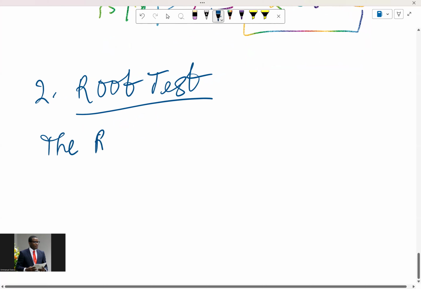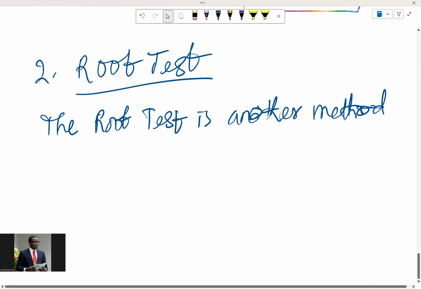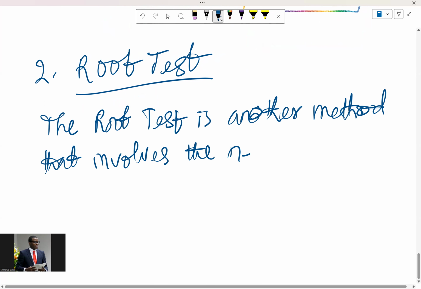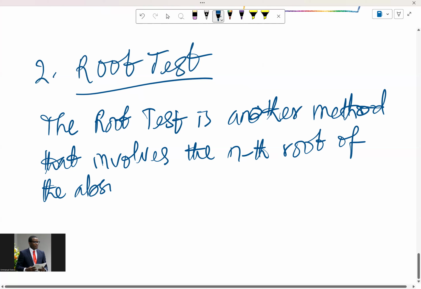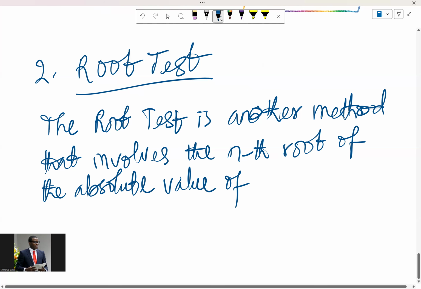The root test is another method that involves the nth root of the absolute value of the terms.